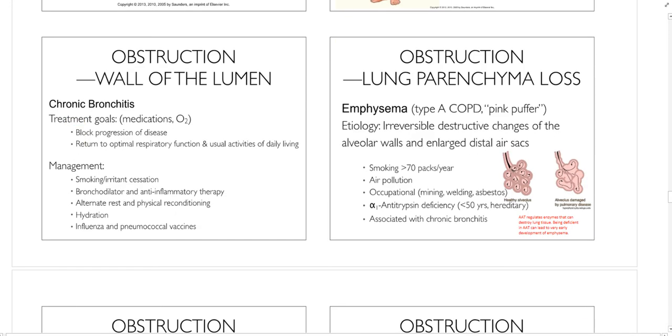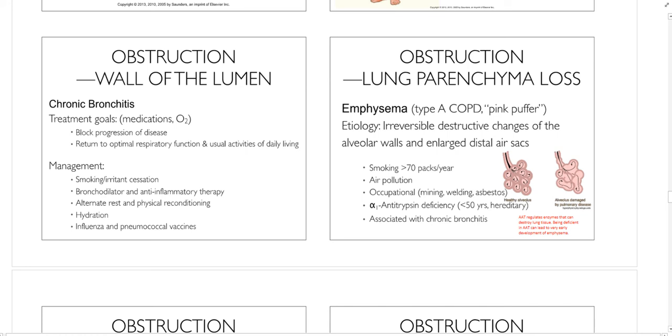Treatment goals, we want to overall block the progression of the disease because we can't fix this disease at this point. We want to do our best to return them to optimal respiratory function and promoting adequate ADLs and IADLs because that way they can prevent the progression of the disease.